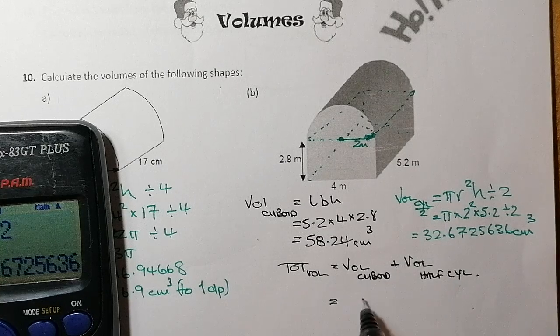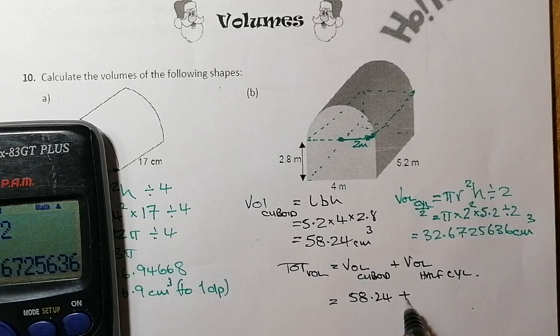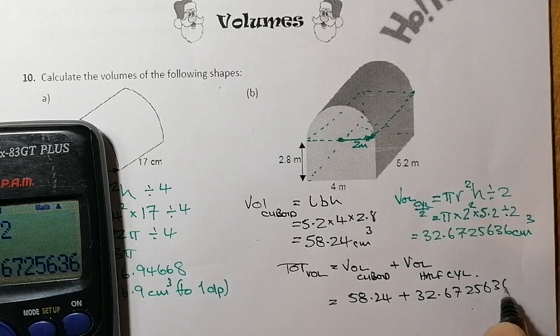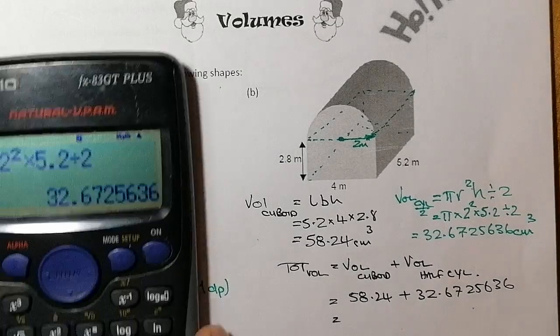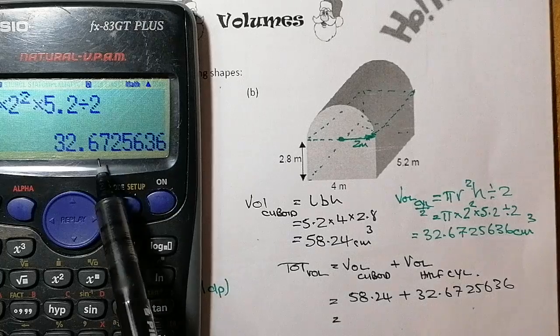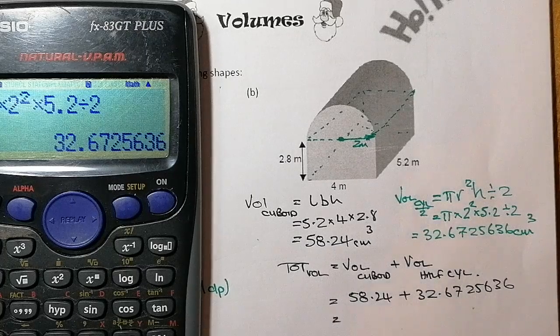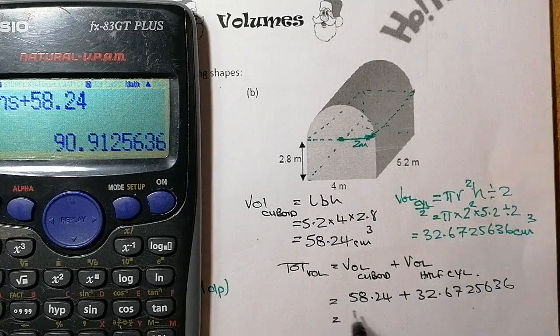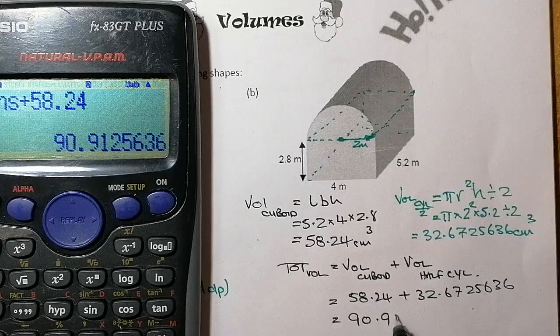Okay, so what we've got, the volume of the cuboid, 58.24, and I'm going to add on to that 32.6725636. Good thing I've not cancelled my calculator, so in the calculator I've still got this number in here, which will be that one. All I'll do to that is add on the 58.24 equals, and that should be my final answer. So I'll just write that down.